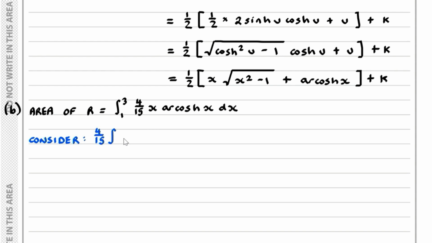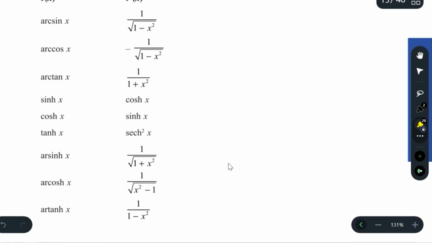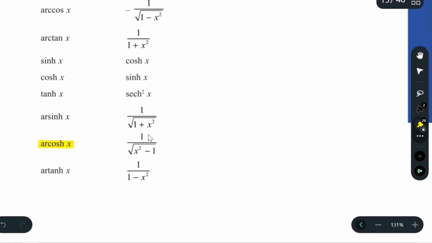Then we've got the integral of x times by inverse hyperbolic cosine of x dx. u is equal to inverse hyperbolic cosine of x. u dash, well, if we go to the formula book, if I differentiate inverse hyperbolic cosine, I end up with 1 over square root of x squared minus 1.